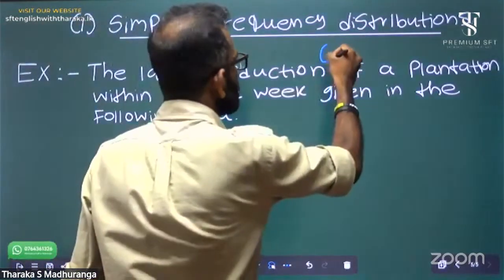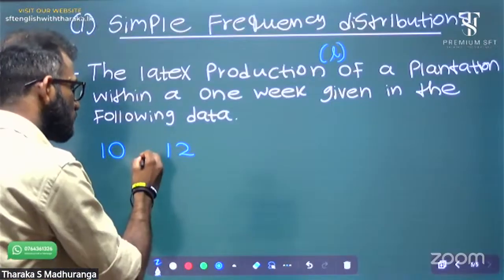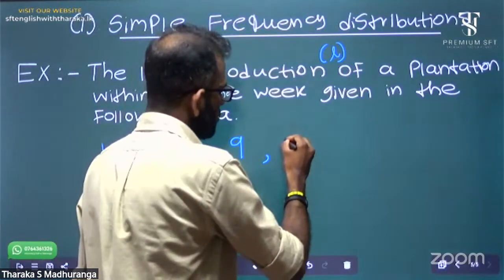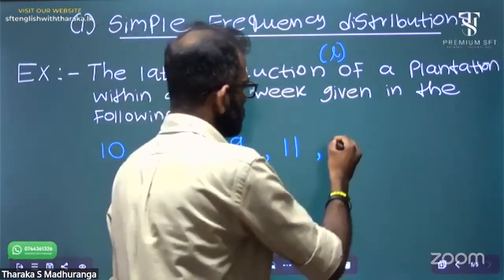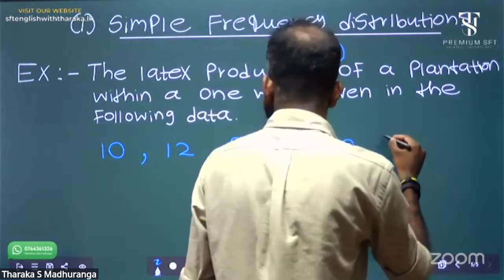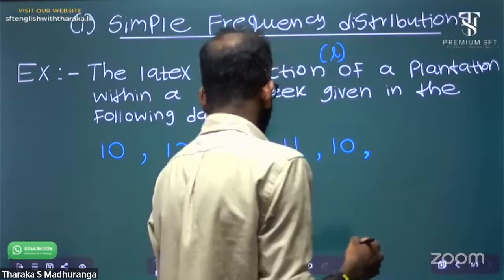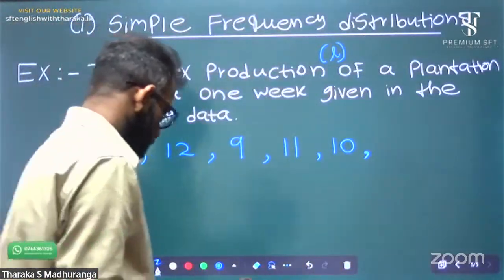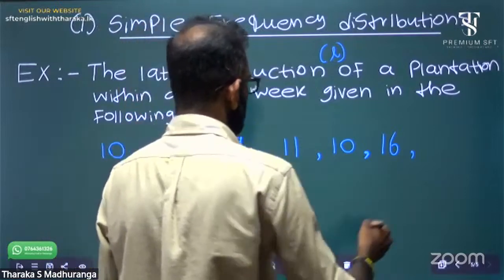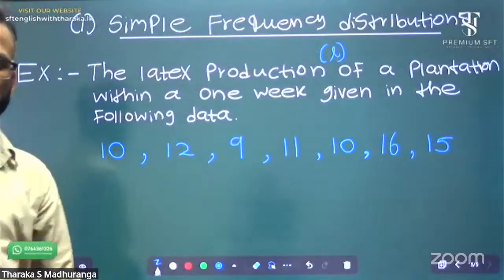Production in brackets, liters. 12, 9, 11, 10, 16, 50. Yeah, that's the data.